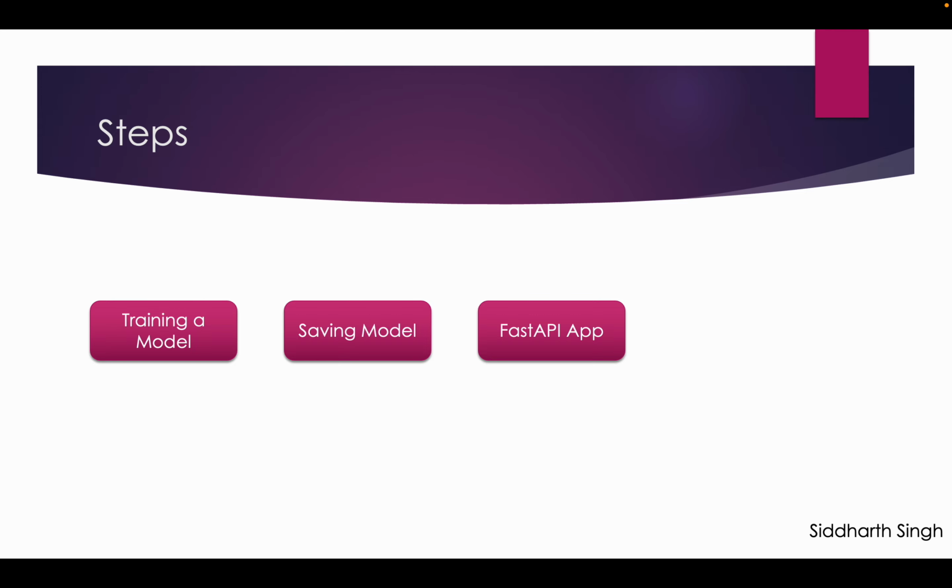So we will write the Python script and define certain methods so that the app is able to load the model and start making predictions. Then we will deploy the app using Docker, and after deployment we will try to test the app as well. So yes, let's get started.